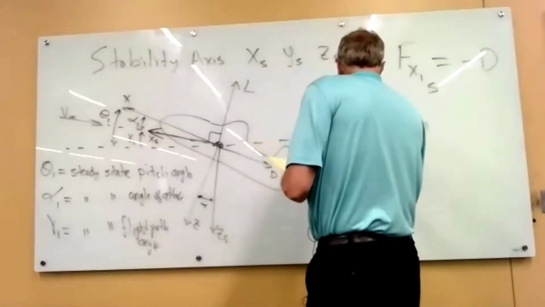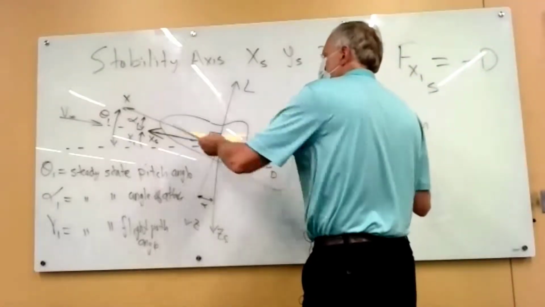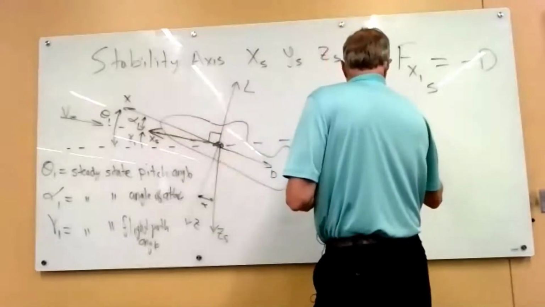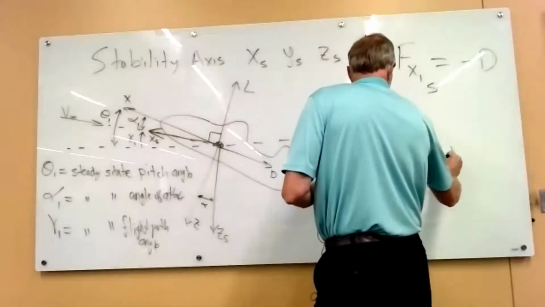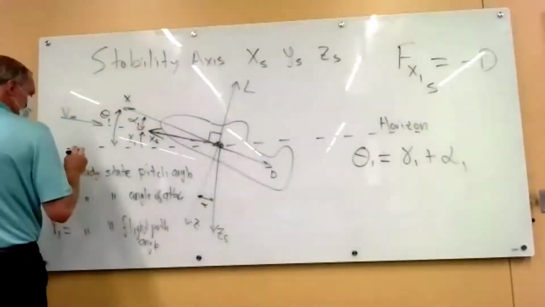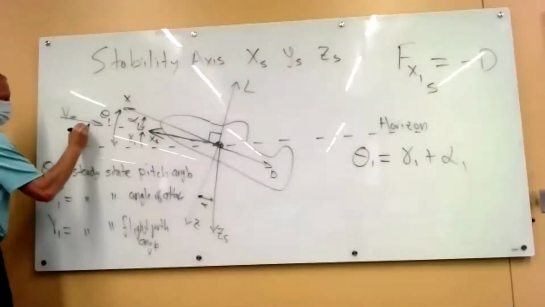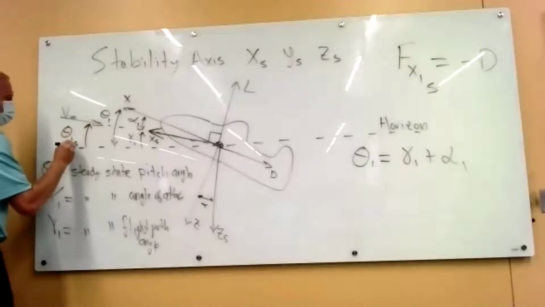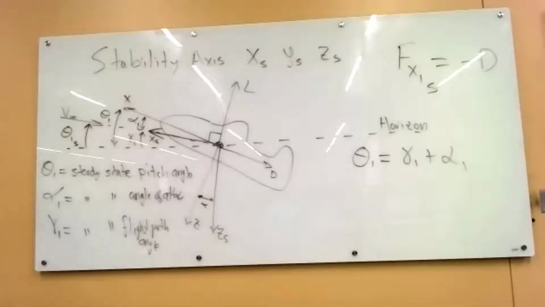So some features of this, just looking at the angles here, theta is gamma plus alpha. That's theta of the x-axis. And the theta of the stability x-axis, we're going to call theta 1s. So that's this deal here. That's the angle.